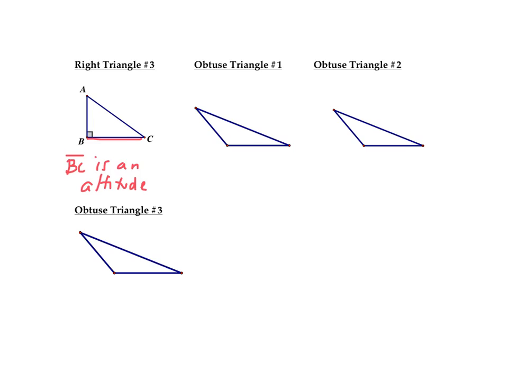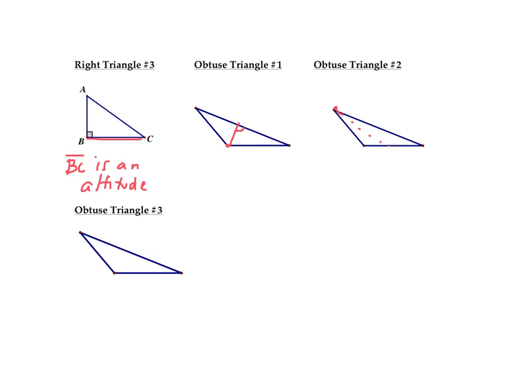Next, in an obtuse triangle, this is where it gets a little trickier. For drawing an altitude from this vertex, perpendicular to the opposite side, that's not too hard. You can do that easily with your ruler. If we go to obtuse triangle number 2, if we try to draw an altitude from this point, it has to be perpendicular to the opposite side.